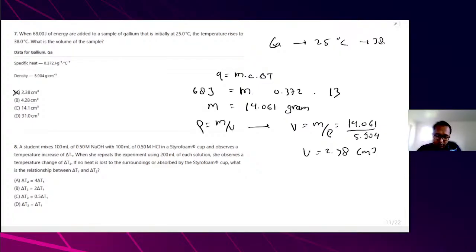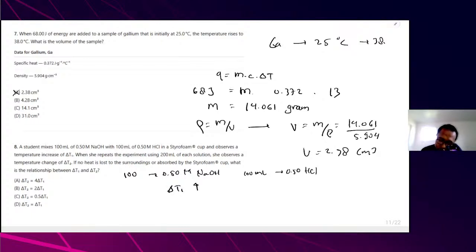All right, so now move on to the relationship between temperature change. A student mixes 100 milliliters of 0.50 molar NaOH with 100 milliliters of 0.50 molar HCl in a styrofoam cup and observes a temperature increase of delta T1.